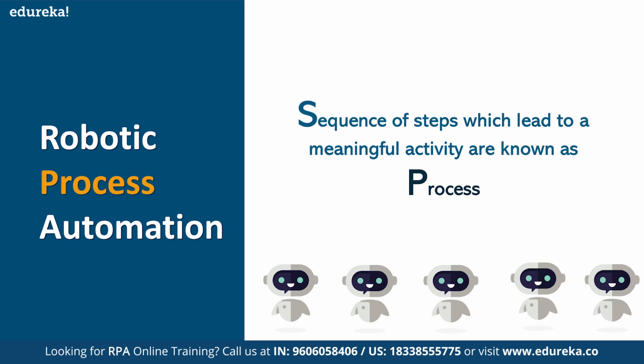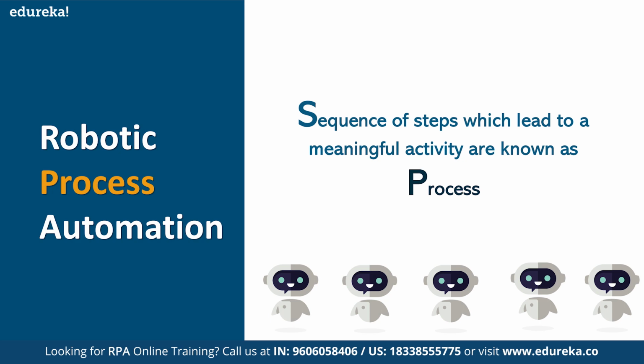At the end of the day, we complete that activity and log off. From morning till evening, we follow a series of steps to accomplish the work assigned to us for that particular day. We might repeat that work many times a day, or if the process is very lengthy, we may end up doing one transaction per day. But the work that we do contains a sequence of steps which leads to a meaningful activity, and that we call a process.